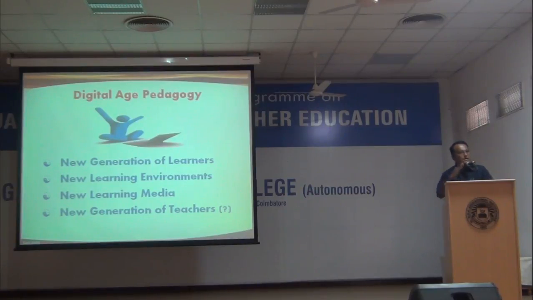Now the industrial age is gone. Today we have another age, which we call the knowledge age, digital age, and so on. So when a new age comes, a new pedagogy has to come into play. That's a simple idea. This digital age pedagogy is all about these 4 factors. If I speak about each for 2 minutes, I think my purpose of the talk will be over.